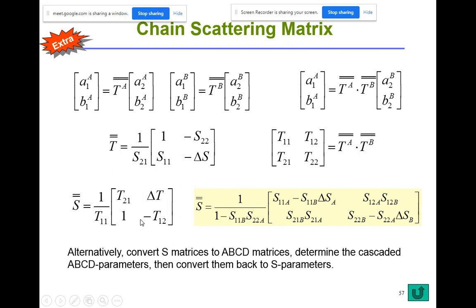Okay, understand? So this is an easier method to find the overall S matrix, compared to the earlier case where we need to use this, which we can only work with two blocks at any one time.